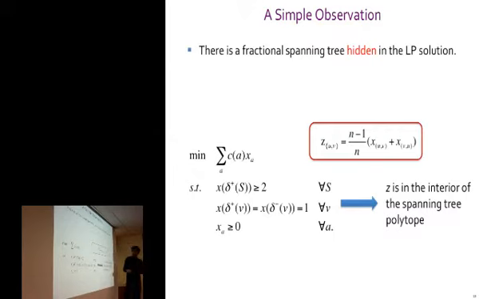And there is one other technical condition you need to show, which is that for every subset of vertices, the summation of the fraction of edges inside it is at most the number of vertices in that subset minus 1. But you should not be scared about that, and that's going to be satisfied. So this vector z is in the spanning tree polytope. So essentially what we want to do is that we have a fractional spanning tree, and we want to round it to a tree.